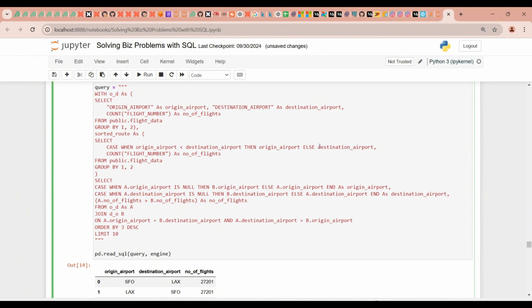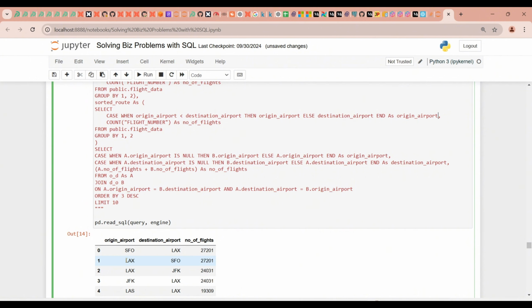So let's call that origin airport. Now in this case, if I say if LAX is less than SFO, it leaves it at LAX.